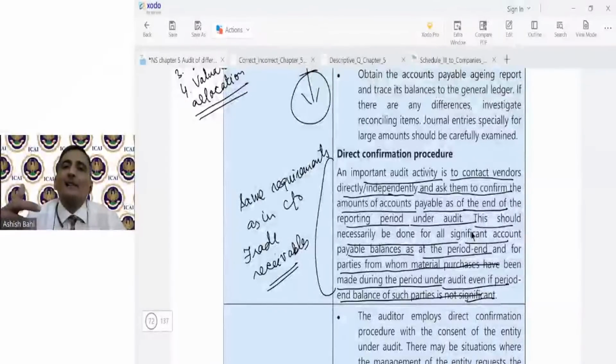So obviously, students, when the auditor sends a confirmation letter to a creditor, to a trade payable, he gets comfort not only about the balance, about the existence of the creditor, but he also gets comfort about the occurrence of the purchase transactions.